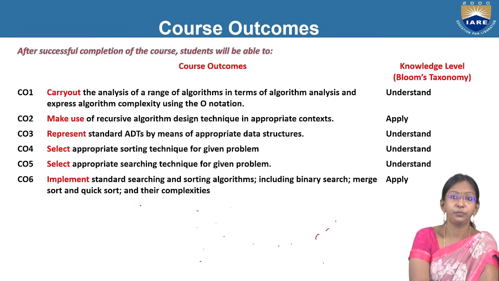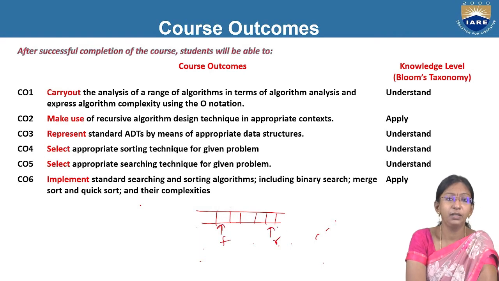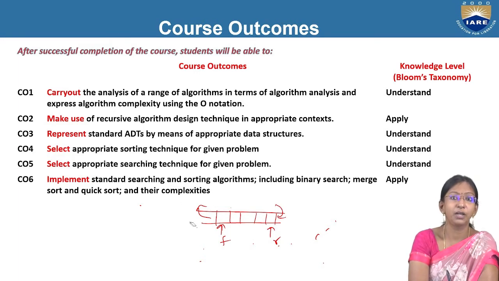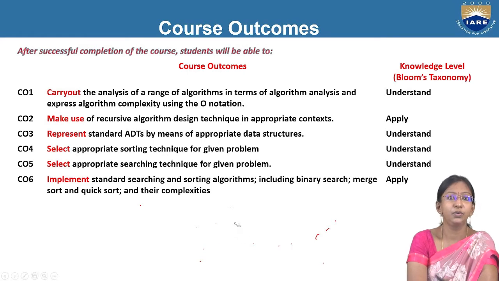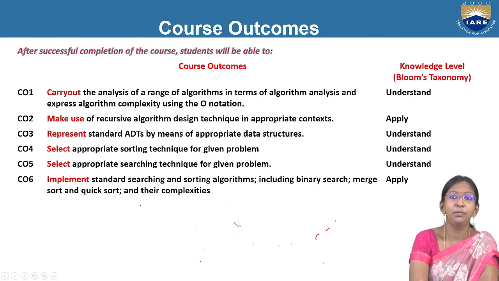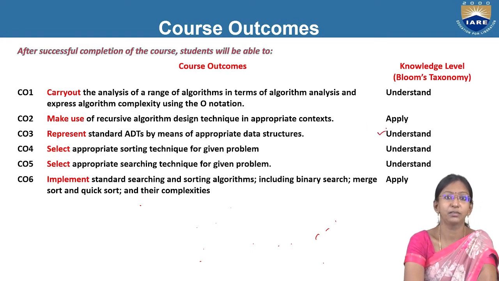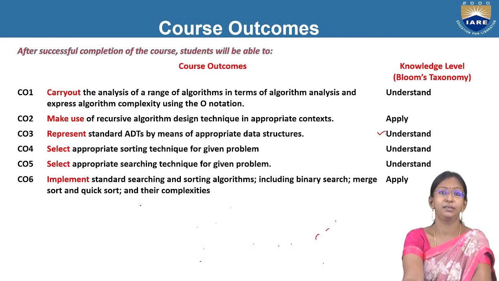Similarly, queues. If you look at queues, they will have two ends, a front end and a rear end. In the front end, you are going to delete the data, and in the rear end, you are going to insert the data, right? An abstraction of the same will be declared using Python, and you will be able to understand how to declare them and how to use them.